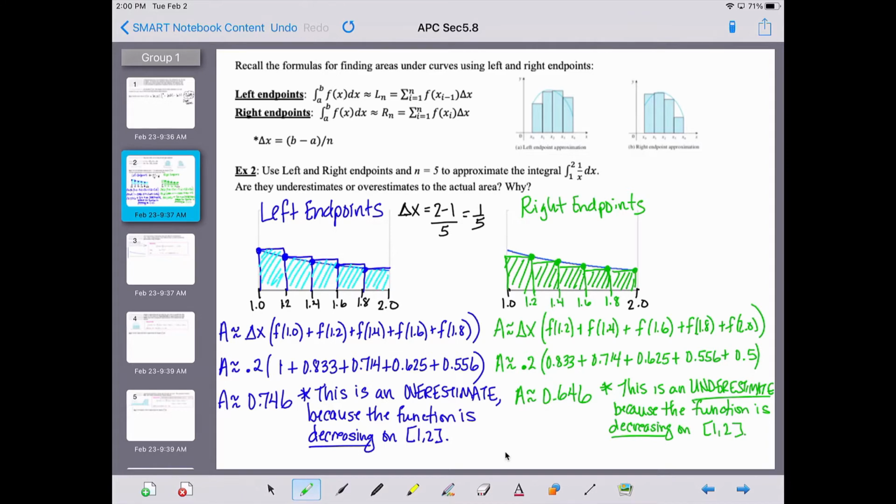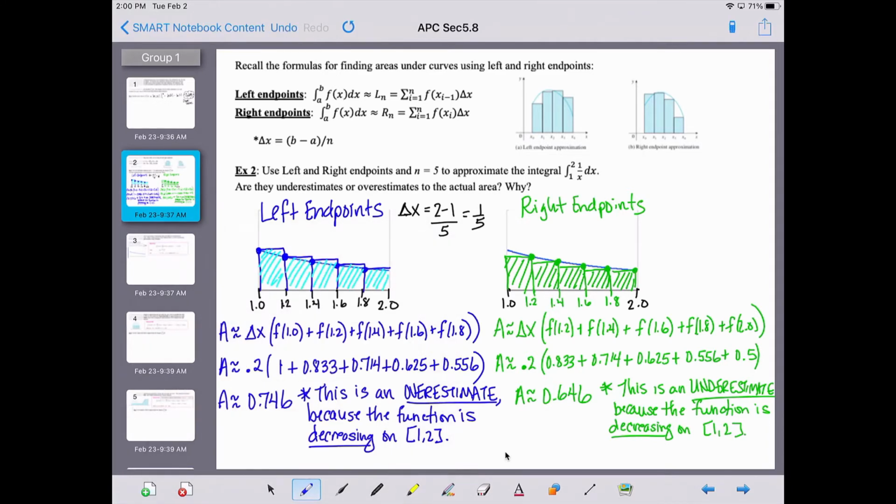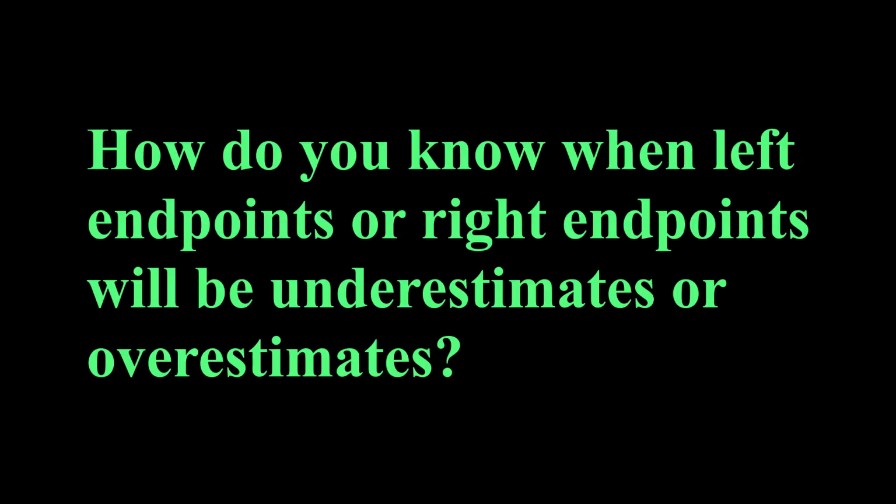Okay, so we get underestimate here, and we get overestimate here, right? And we have our two answers. Now, it should make sense that our exact value was 0.693, which is between 0.746 and 0.646, right? So we know that we're in the ballpark here with our left endpoints and our right endpoints.